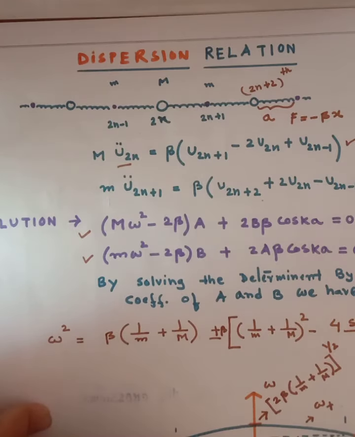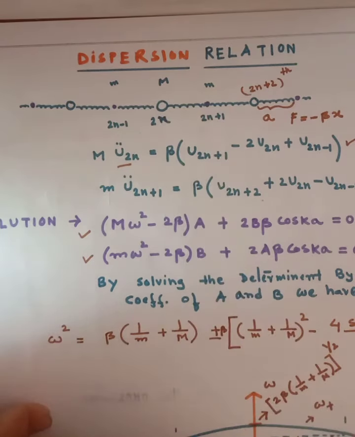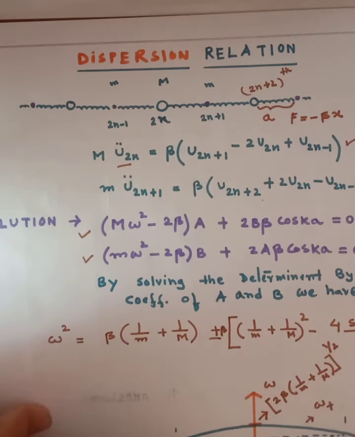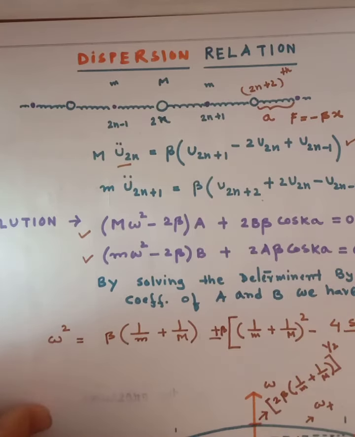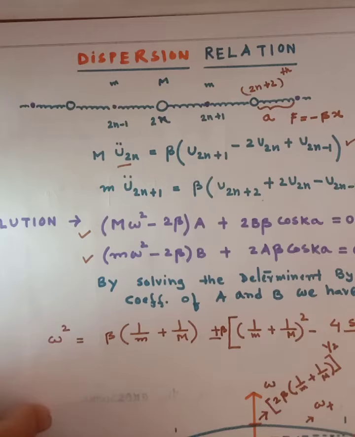Now in this case we have assumed that the individual atoms are attached by a spring. Of course, in an actual lattice there is no spring. It is for our simplicity that we have assumed the constituent atoms are connected by a spring.